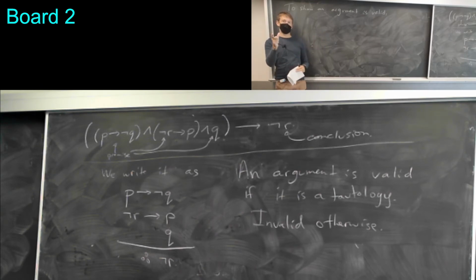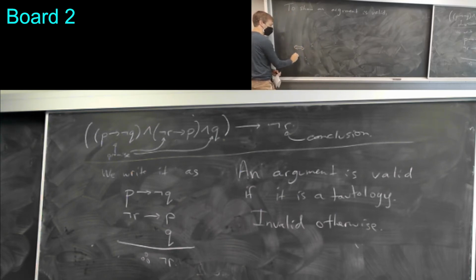Here, to show that an argument is valid, in some sense you start with your premises, you apply a bunch of either logical equivalences or logical implications, and you derive the conclusion. So you want to start at the premises and get to the conclusion using these or those, right? Logical equivalences or logical implications.